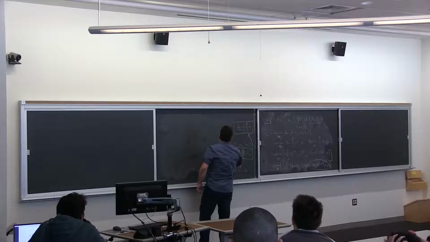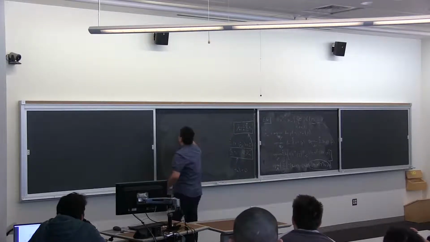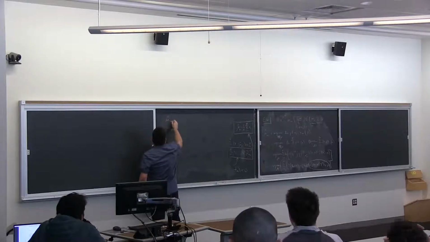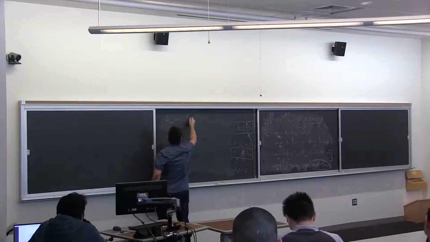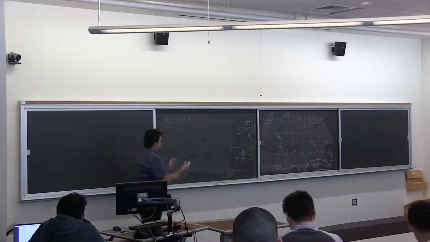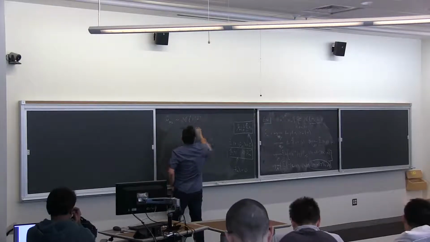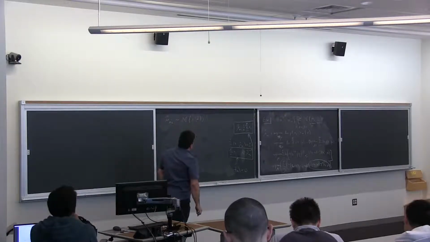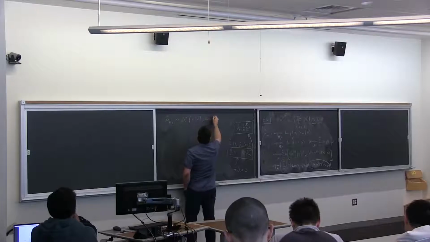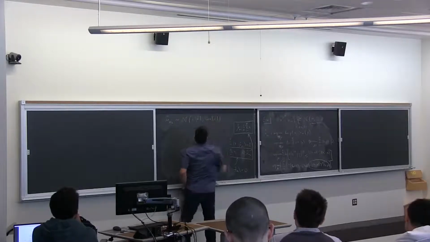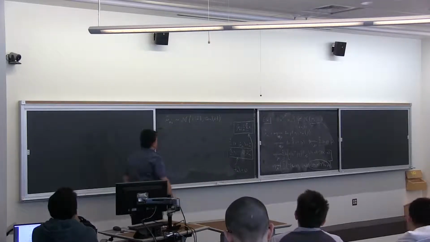Let's see what the parameters of that Gaussian PDF are. So mu hat ml is a random quantity with some mean, the expected value of mu hat, and some covariance matrix, which I'm going to write as covariance of mu hat. Let's figure out what those are.